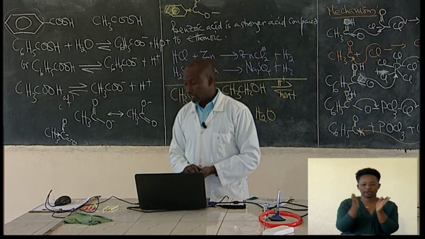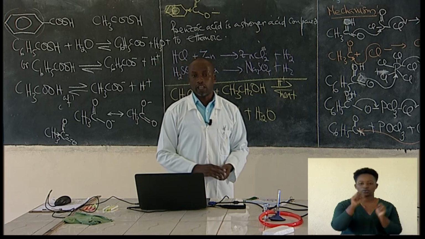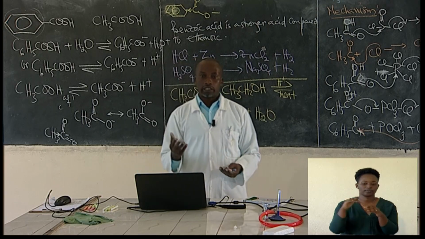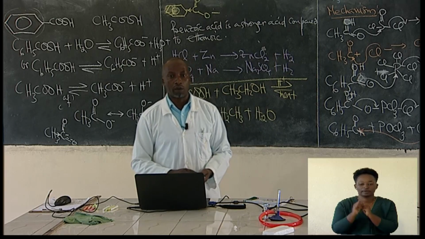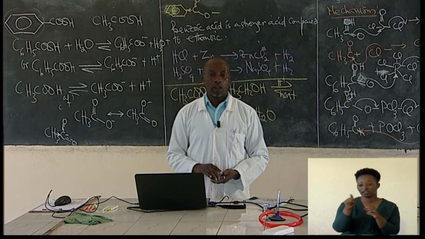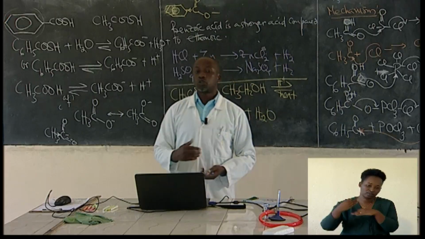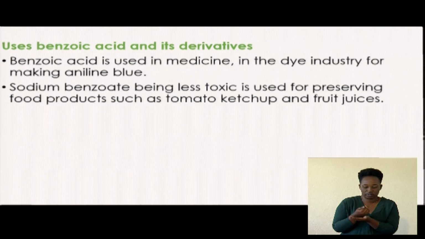Those are the meta positions. So you should remember that. Some uses are in medicine and the dye industry, making aniline dye, which is also used in industry. Because of its stability, benzoic acid is used as a preservative.